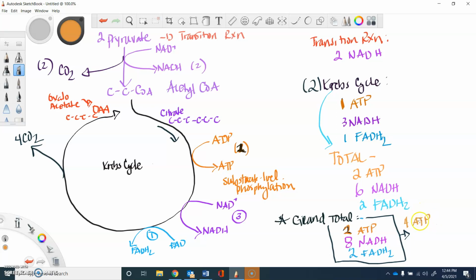We've got 2 from the Krebs cycle, so there's 4. We also had 2 NADHs from glycolysis, so now we have 10 NADHs, and then we still have that 2 FADH2. So all of those electron carriers now can go to the electron transport chain. So that's what we'll talk about next, is exactly what's going to happen to these electron carriers.